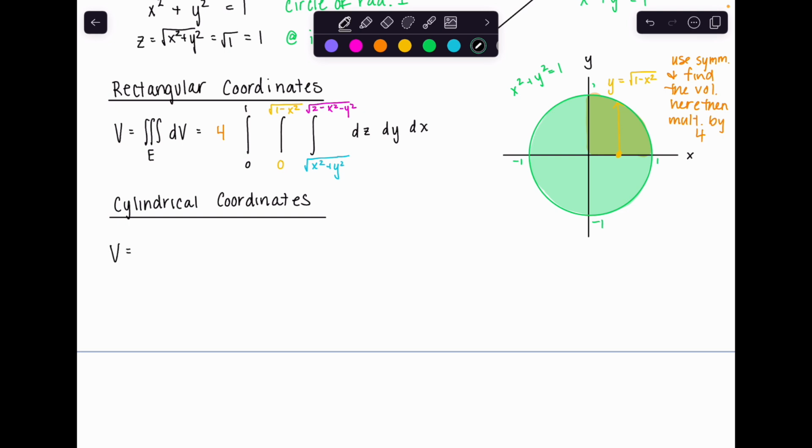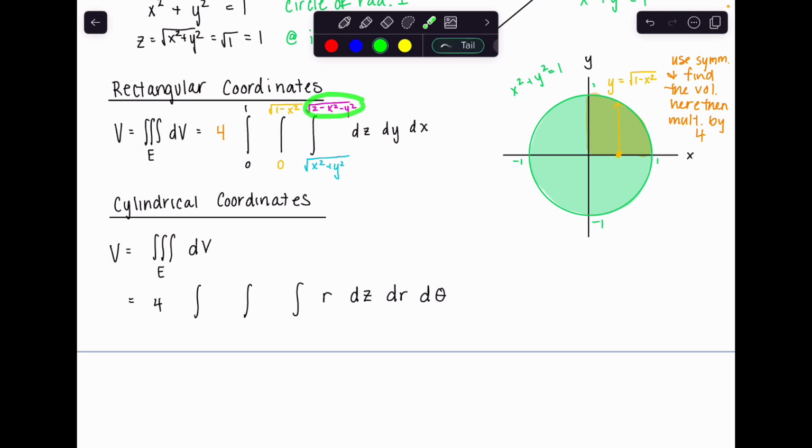So our volume is still the same thing. It's a triple integral over E of dV, and I'm going to use symmetry to my advantage. Set up all of these bounds. The thing I have to remember, though, is when I switch to dV, you get that r dr d theta. So you get dz dr d theta in this case, since we have that z component.